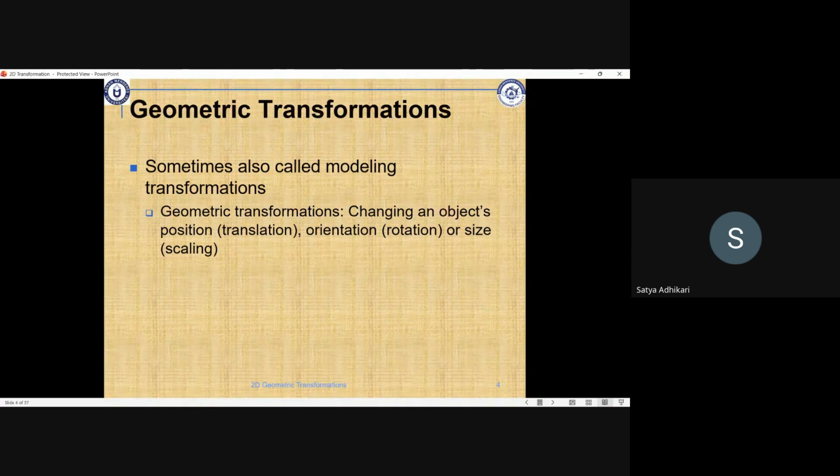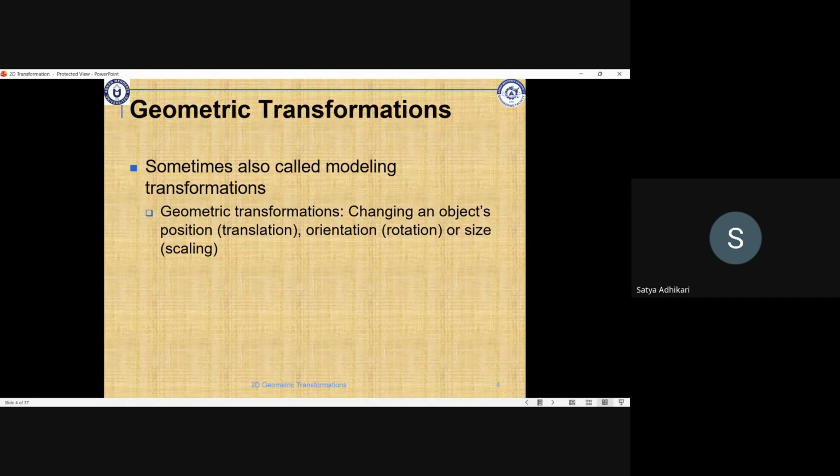You can rotate it. Sometimes we rotate our image anti-clockwise. This is known as rotation. And the first one is the translation. Translation means you want to change the object location, object position. Suppose the object is at one position x, y, and you want to change it to another position x dash, y dash. We are able to do it using translation.